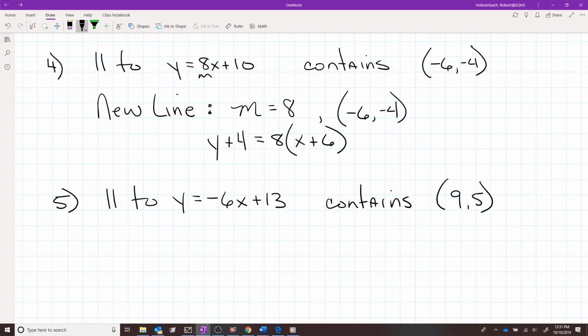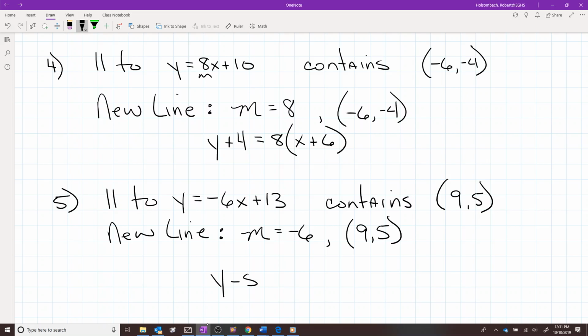Since the lines are parallel, your new line will have a slope equal to negative 6, and it will go through the point 9, 5. So that equation in point slope form will be y minus 5 equals negative 6 times x minus 9.